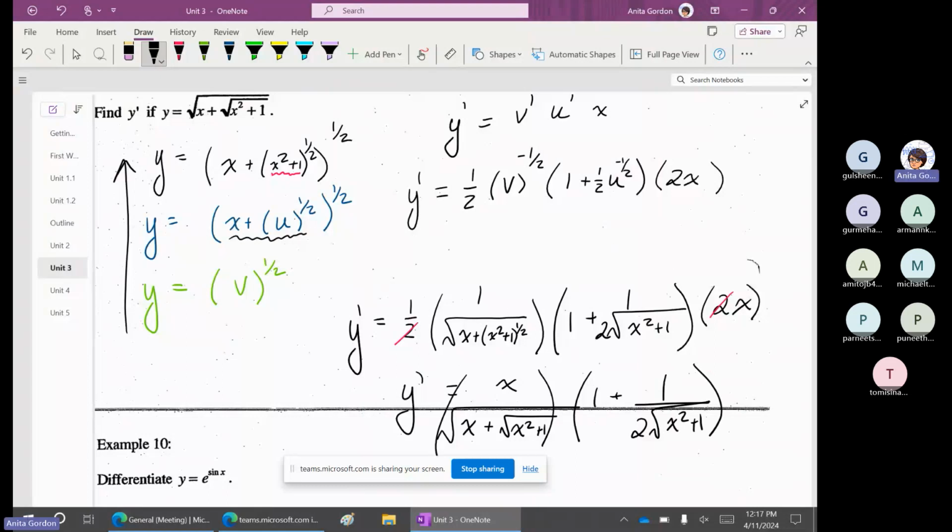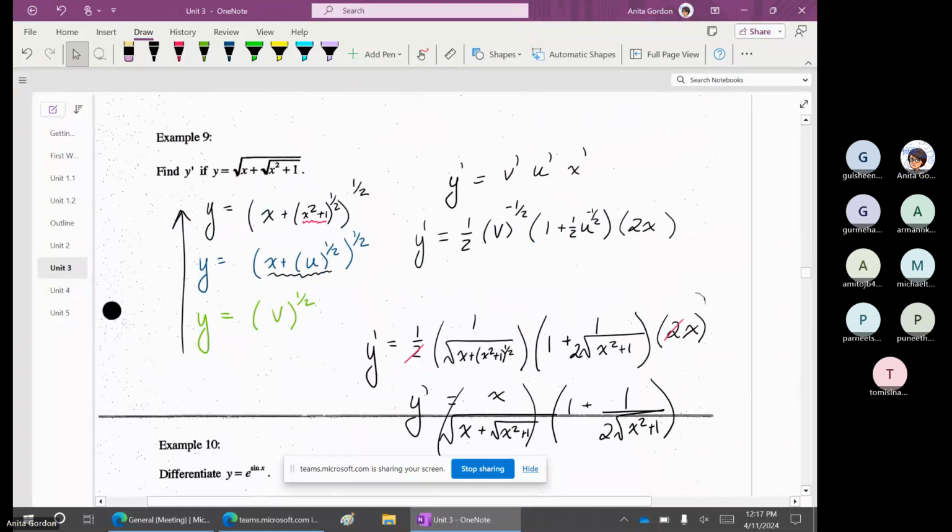So not pretty, but not a ton of work, right? As long as you can see where the inside functions are and start on the outside and work your way in, it's not too bad, right? Okay, any confusion about how I did any of those examples?